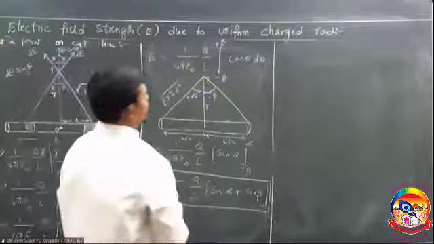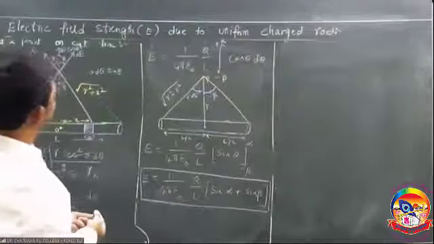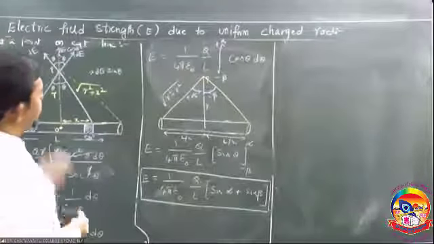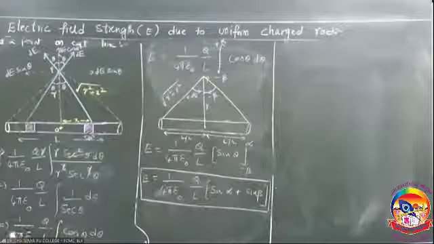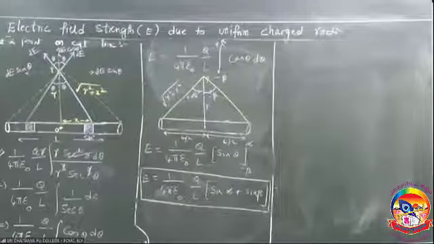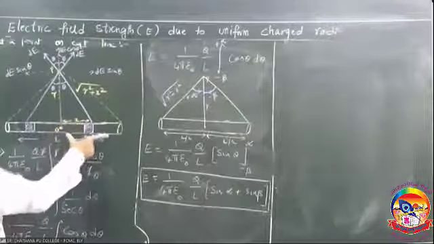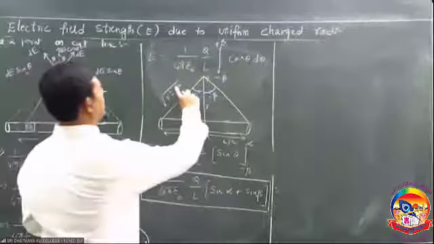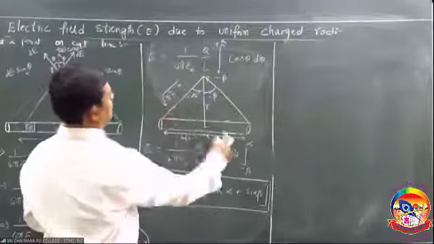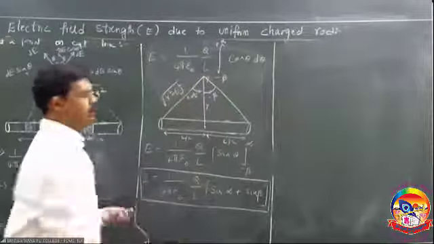Here X means L by 2, so R square plus L by 2 whole square.